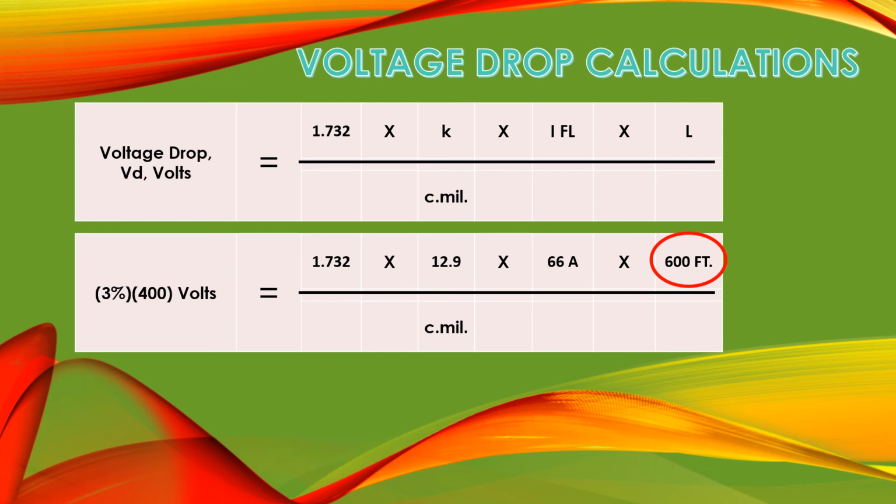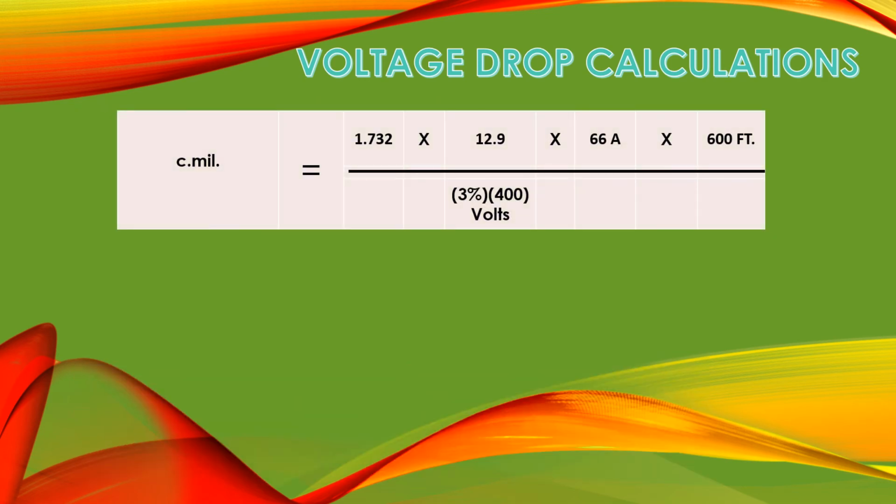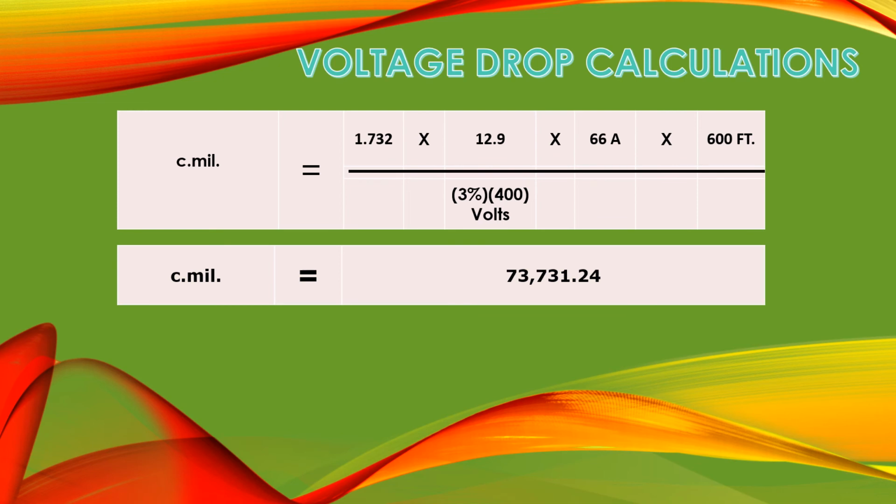It will be that length only. So we will also fix the 3% in this formula, and we will try to get the cross-sectional area, which will determine the size of the conductor. So applying the formula, now we put circular mils on the left side. What we get is 73,731.24 circular mils.